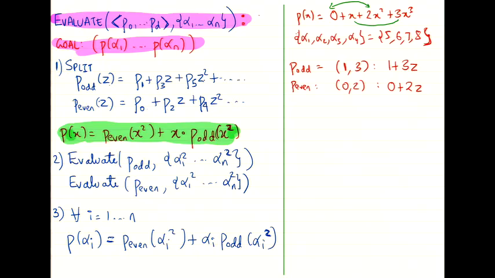So basically, let me just do it in this case. It is 0 plus 2x squared plus x times 1 plus 3x squared gives me p of x.